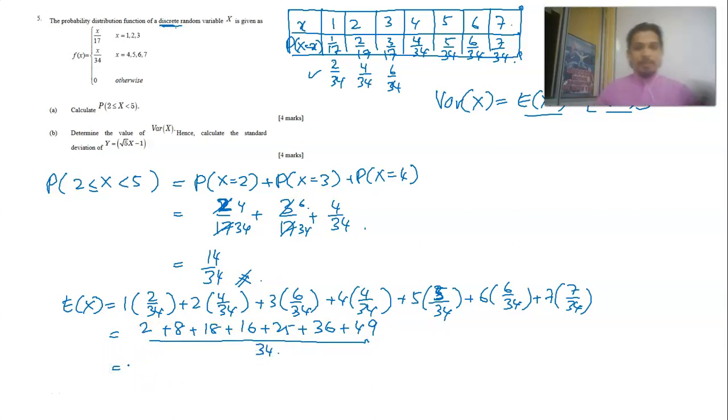Equal to 2 plus 8, 18, 16, 25, 36, and 49, which is 154 divided by 34. Good.